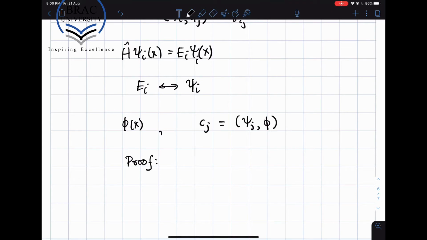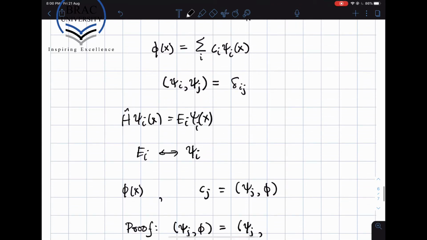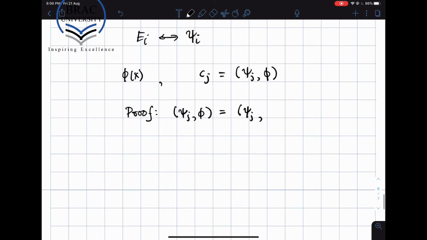So we start with psi j phi. Now we are assuming that this inner product, which is an integral, converges. So what we can do is express phi as a linear combination like this.